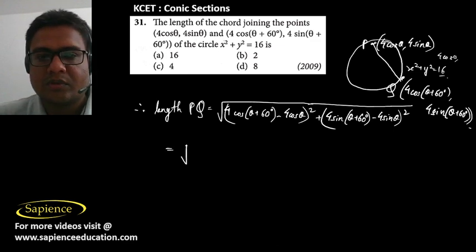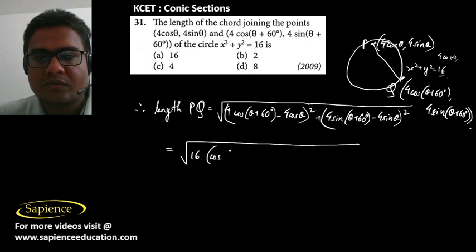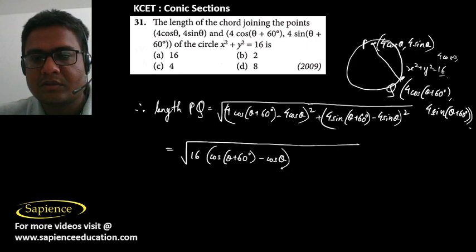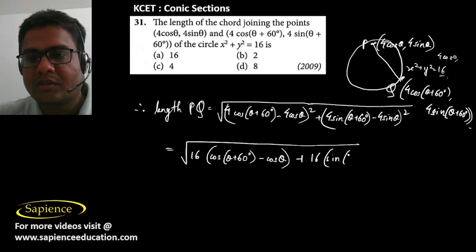So this will be square root of, from here 4 square I can take as common, so this will be 16 into cos of theta plus 60 minus cos theta, plus 16 into sin theta plus 60 minus sin theta, whole square of that.